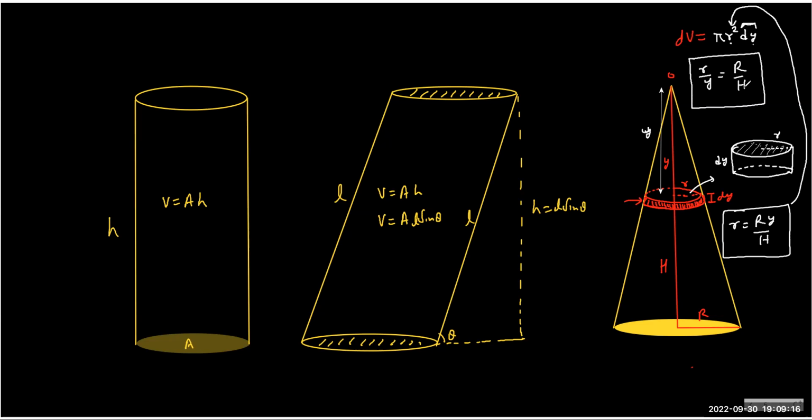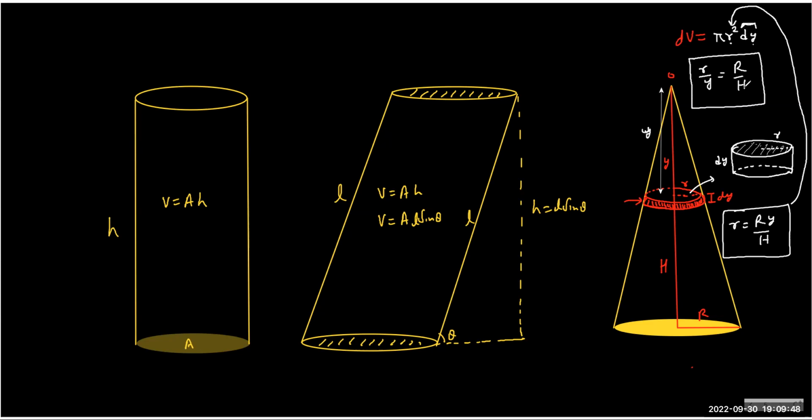Why are you stuck there? y is a general value, and then y must change to cover this. Imagine that the slice is sliding, so you have to slide it from the tip to the bottom. So y must go from 0 to capital H, isn't it? Do you realize this? Yes or no? Yes, sir.